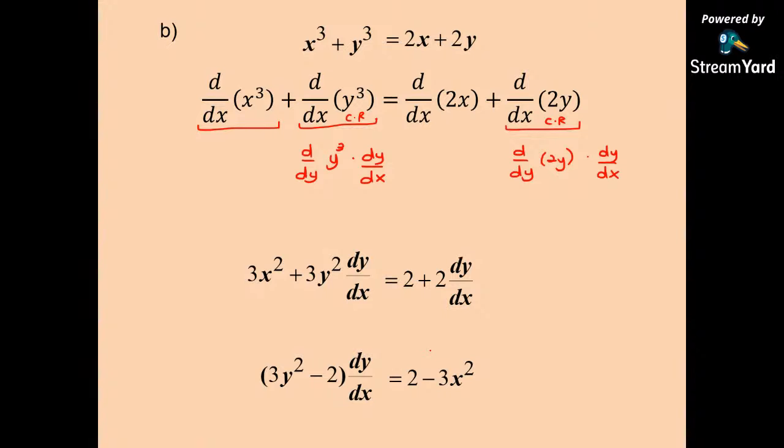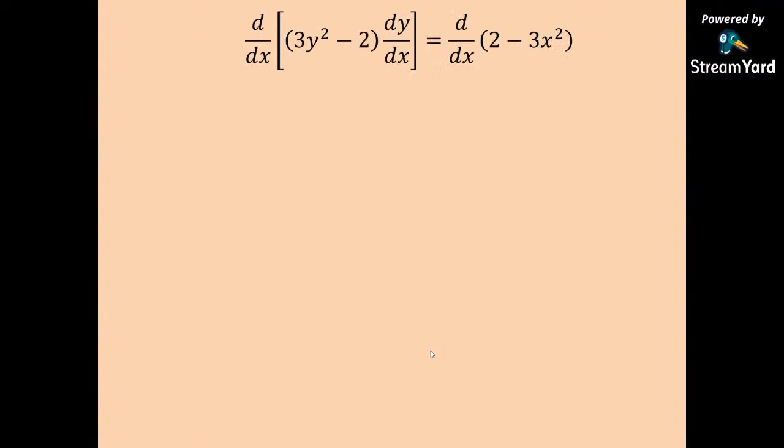Okay, so now I'm going to differentiate this to get the second derivative. So it will be d over dx of 3y squared minus 2 dy over dx equal to d over dx of 2 minus 3x squared. Okay, so I'm sure on the right hand side, you should be able to see this is the same variable. So this is okay.